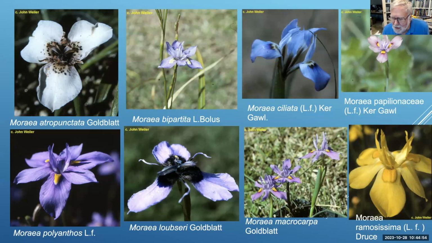Ramosissima is a fairly easily grown one because it will take more water than a lot of them, and a lot of them need the drying off period. They can be grown in a greenhouse or in a pot. I've grown some and managed to get them to bloom, and then managed to kill them. But nonetheless, I've still grown them, so it's possible.